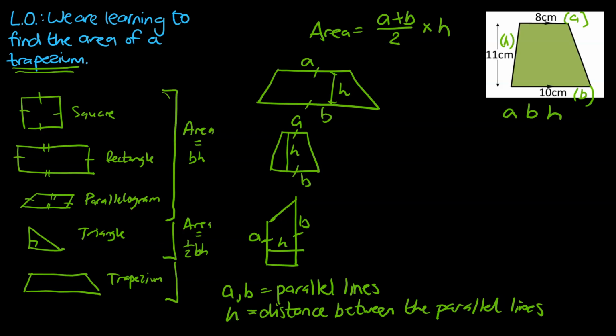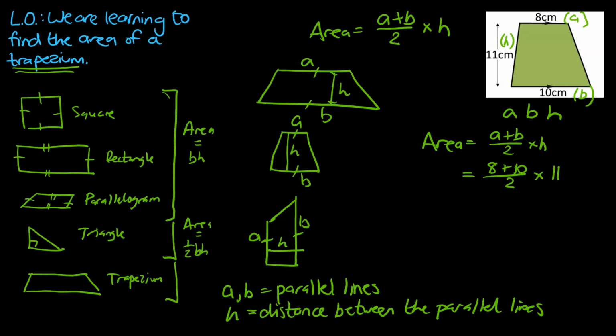Let's go in and calculate the area of this trapezium. I always like to write the formula down as (A plus B) divided by 2, times height. That's going to be A, which was 8 centimeters, plus B, which was the 10 centimeter side, divided by 2, and then multiplied by H, which is the 11 centimeter side.